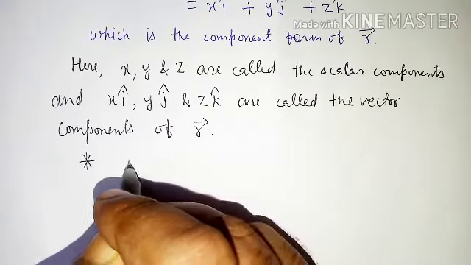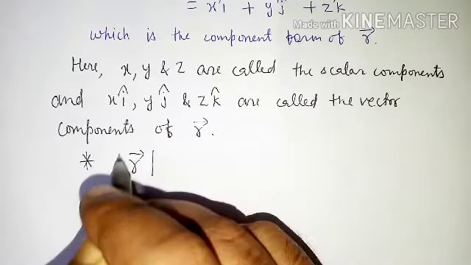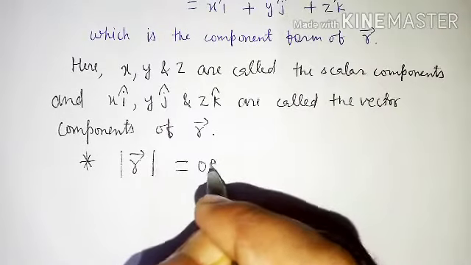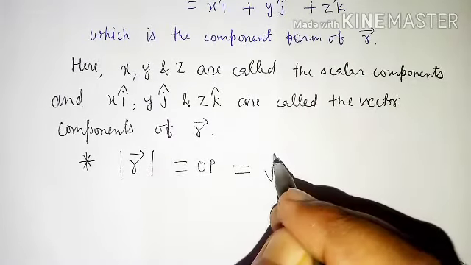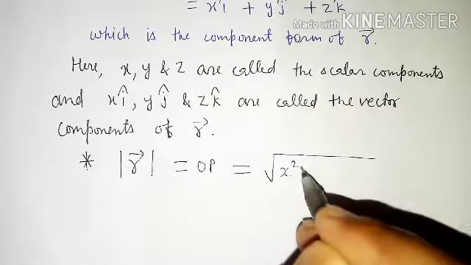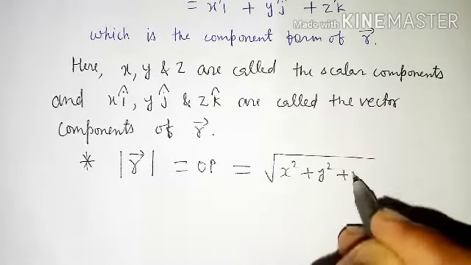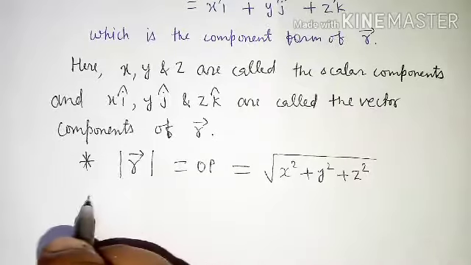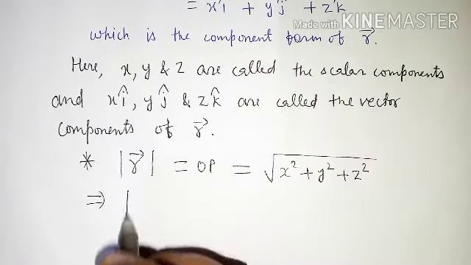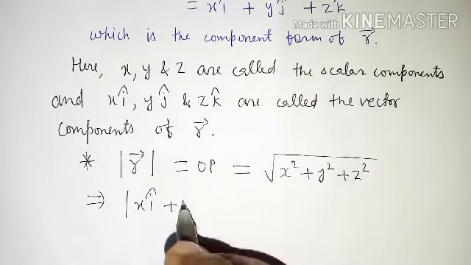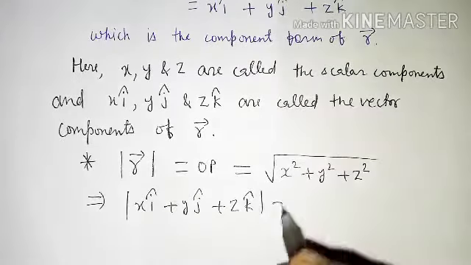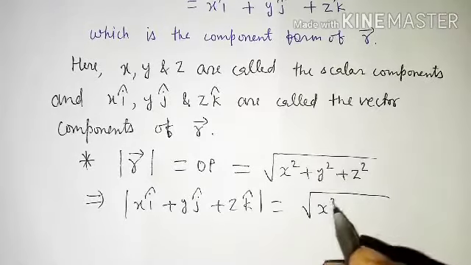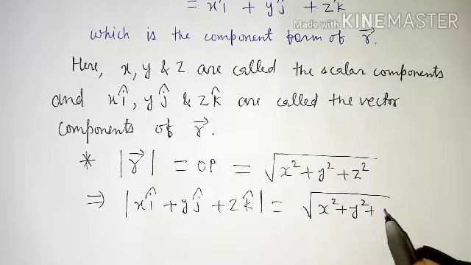Magnitude of vector r is OP, the distance between the origin and the point P (x, y, z), which is the square root of x square plus y square plus z square. That is the magnitude of x i cap plus y j cap plus z k cap. This can be found using Pythagoras theorem twice.